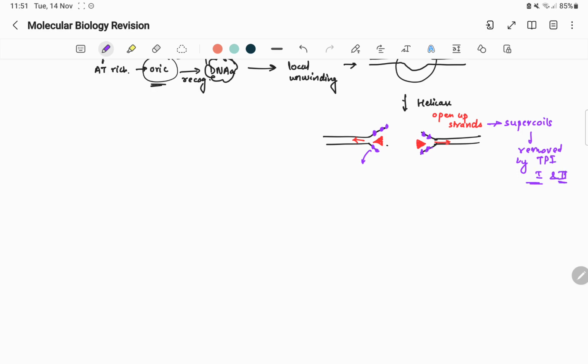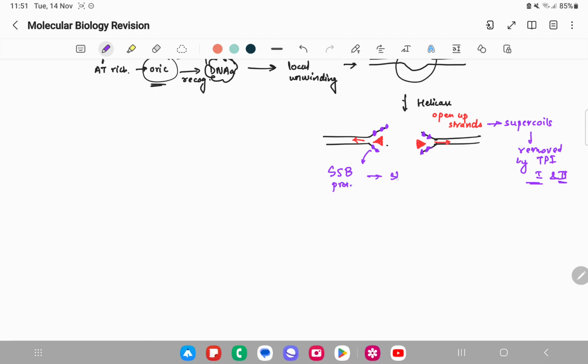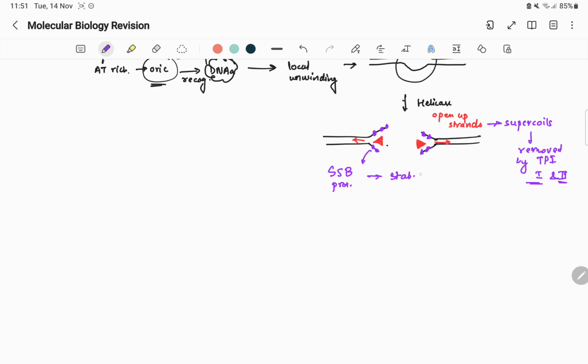Topoisomerase 1 removes supercoils from a single strand, while 2 removes them from the double strand. These purple proteins are the SSB proteins, single strand binding proteins, and they stabilize the unwound strands to release the tension.